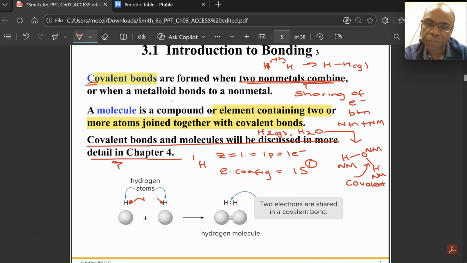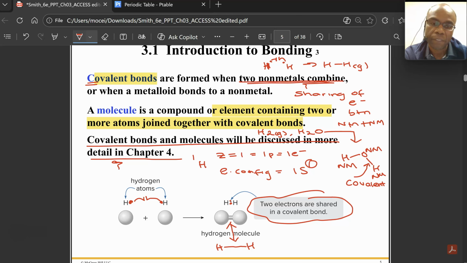When you use fishhook arrows to show one electron movement, the electrons join up to come in between those two elements. The two electrons are shared and they form what we call a covalent bond, formed by sharing. The same would happen if we were sharing between two chlorines.